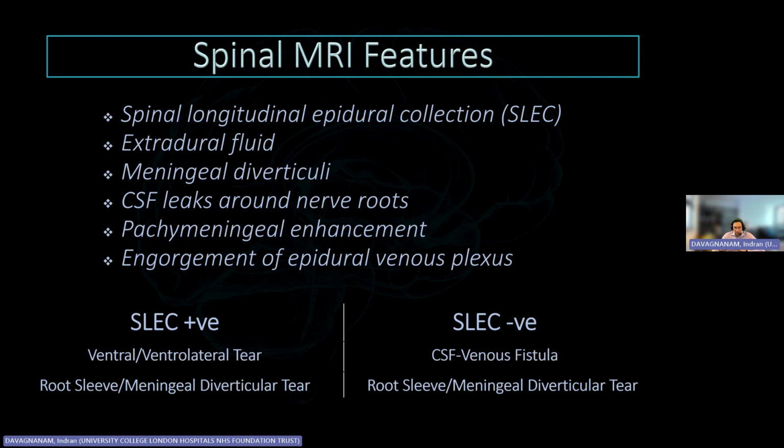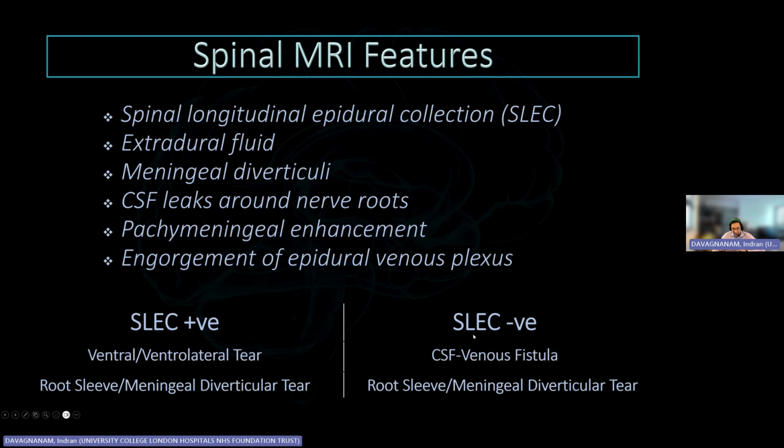And it's useful from our perspective in terms of dichotomizing patients. So we have what we call SLEC positive and SLEC negative patients. Essentially, if you see a collection or you don't. If you see a collection, the likelihood is that you're dealing with a type 1 leak or a type 2 leak with a substantial egress of CSF, which accumulates in the epidural soft tissues.